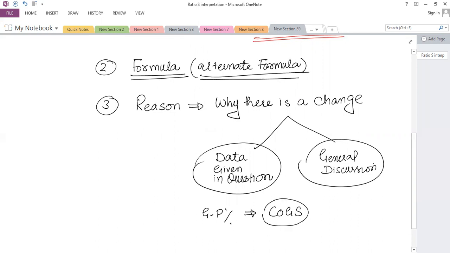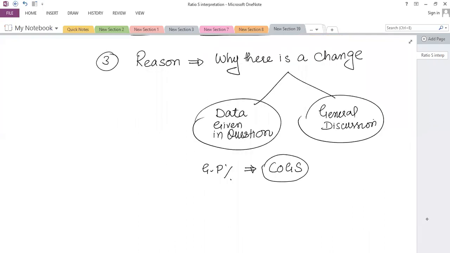But if you want to write about cost of goods sold and you have information about it, you have to see in the question whether your statement is justified or not. So when you are trying to write about any ratio, any reason which is in your mind, you have to cross-check that reason with the available information given in the question.